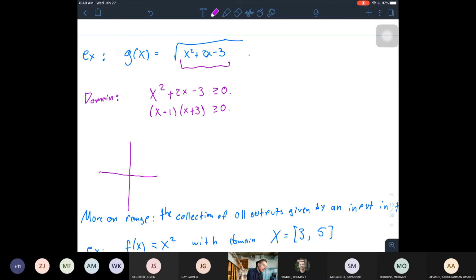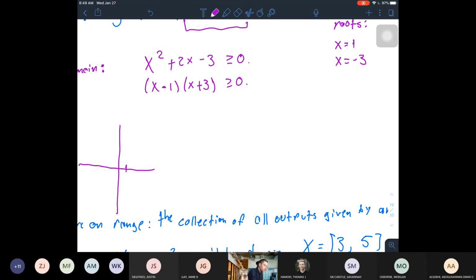So we know that the roots will be x is equal to positive 1, that would make the left-hand factor 0, and x is equal to negative 3. So let's graph those on here. We have 1 and 1, 2, 3.